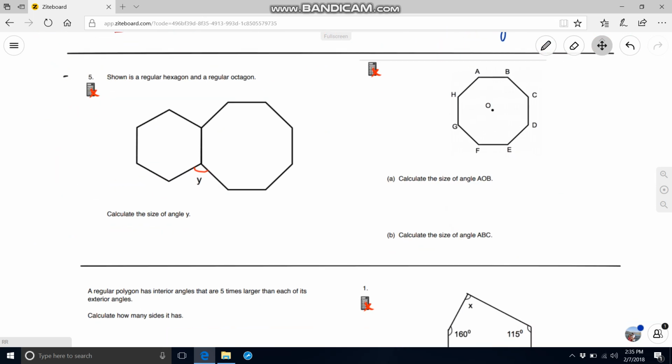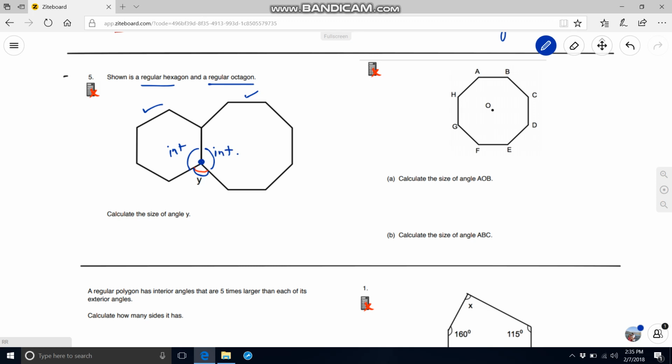And in the next diagram, one regular hexagon and one regular octagon are given, and we need to find out the y value. So at this point we have y and this and this. There are 3 angles. One is the interior angle of the hexagon, another one is the interior angle of the regular octagon.